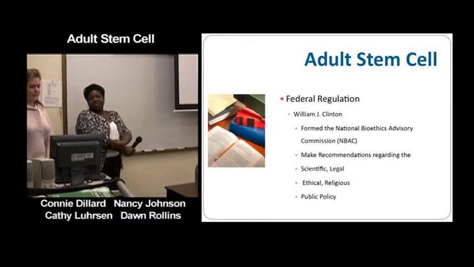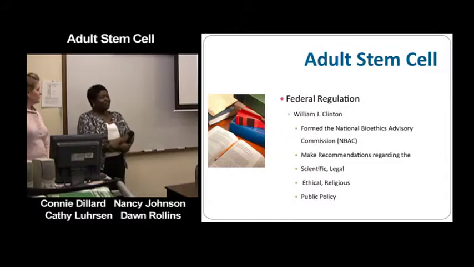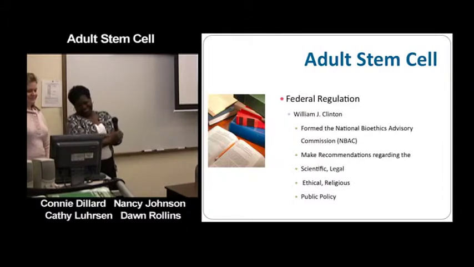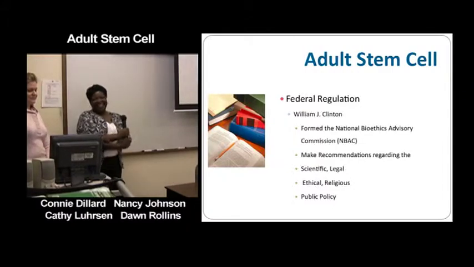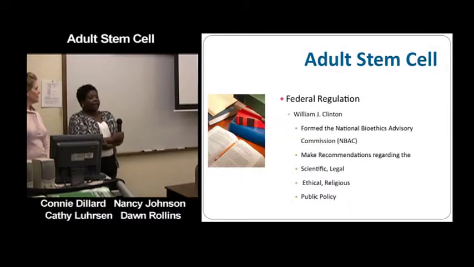Okay, so the U.S. regulations began with Clinton, and they tend to go along the views of individual parties. Clinton was a Democrat, and he didn't outright outlaw the use of embryonic stem cells. He just didn't want them generated for the purpose of destroying them.